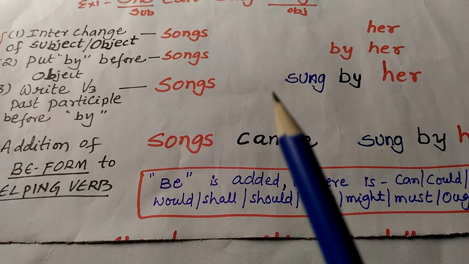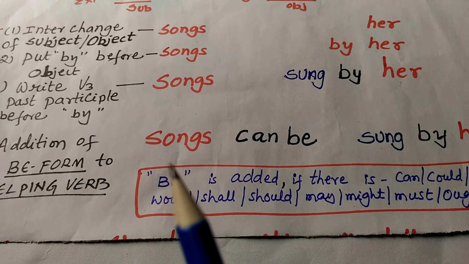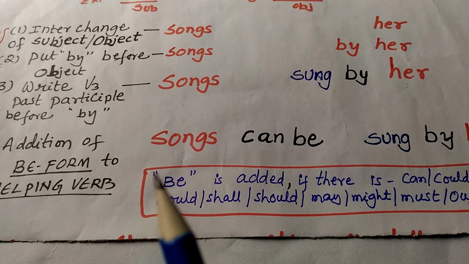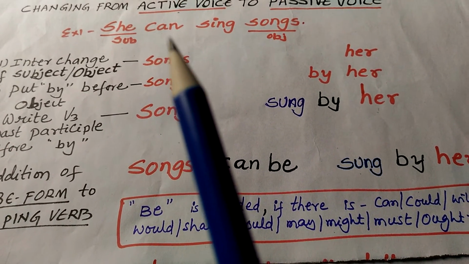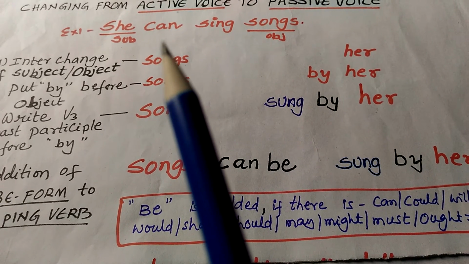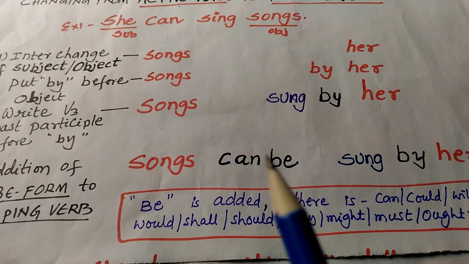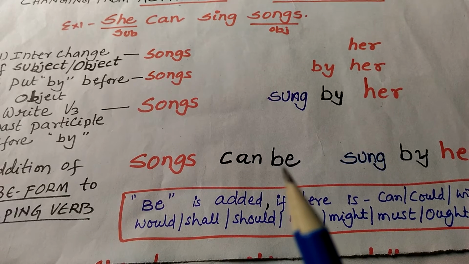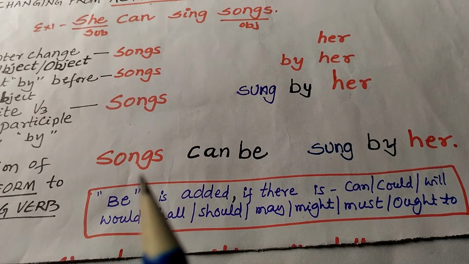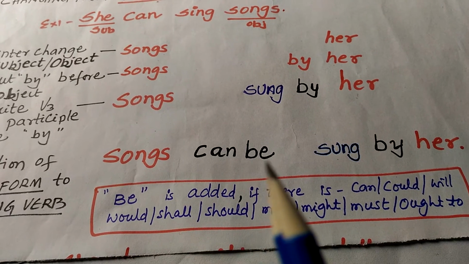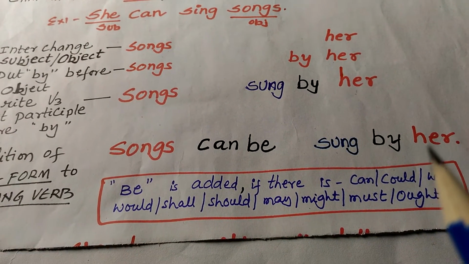And the fourth rule is that we have to add an appropriate be form to the helping verb. Here in the question sentence, the helping verb is can. So the appropriate be form is be. So be is added to the helping verb can. Then we get the answer: Songs can be sung by her.